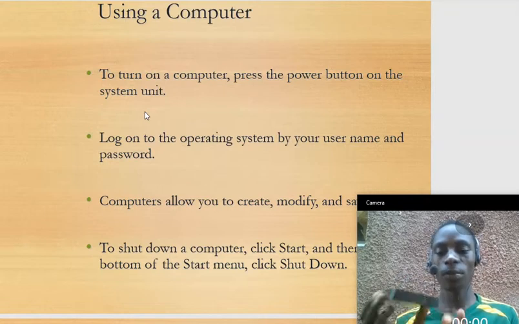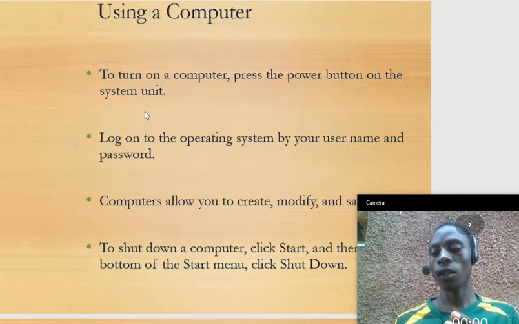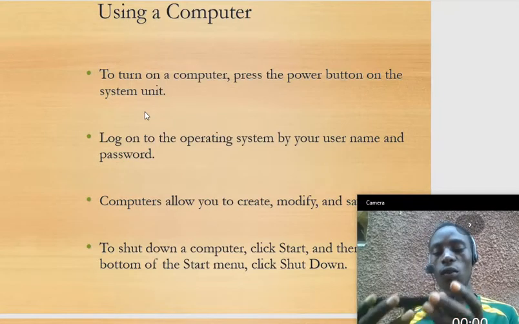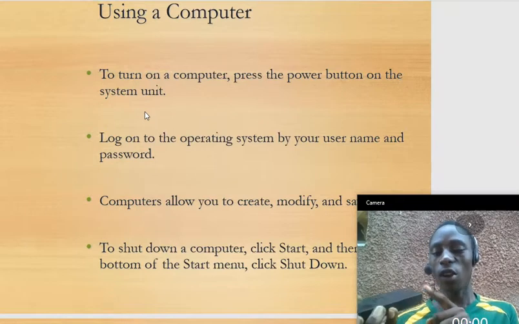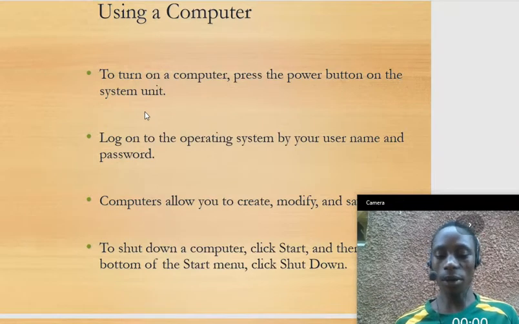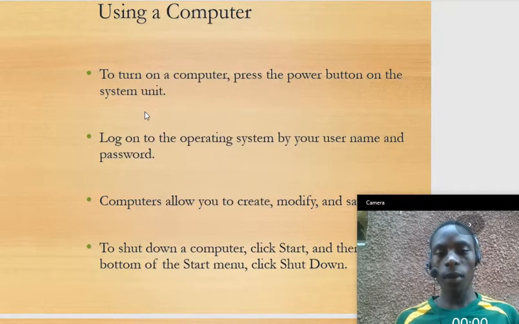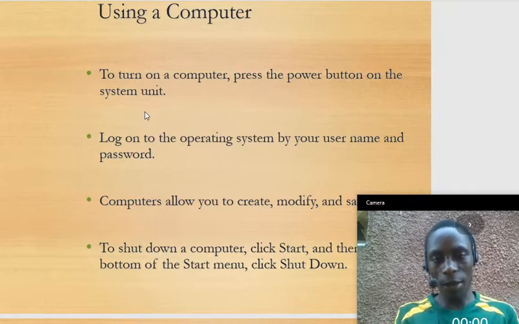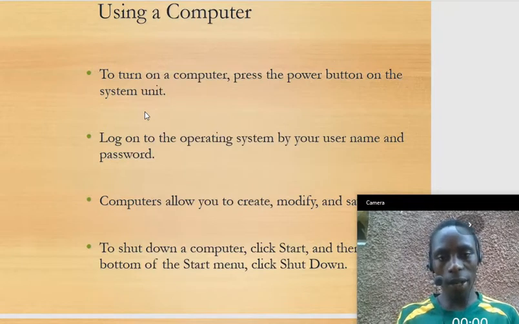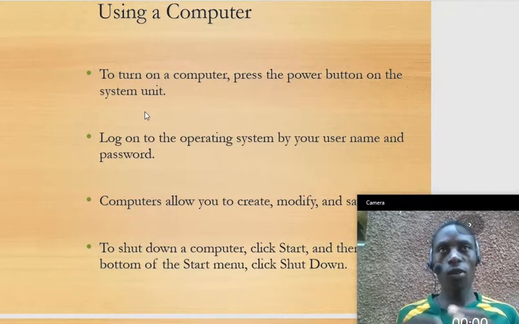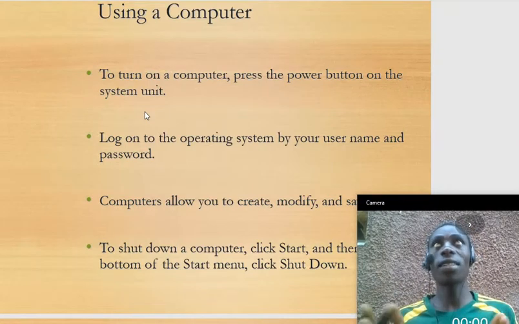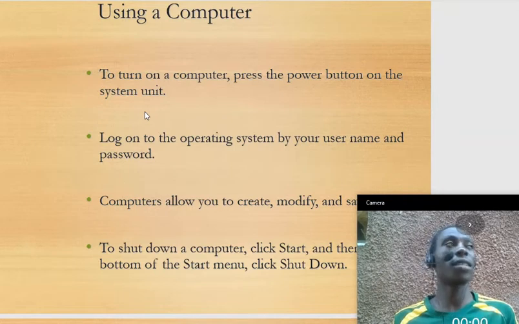To power on the computer, you press the power button on the system unit. So we assume this is the system unit for a computer. Now you press the power button. After you press the power button, you log on to the operating system. The computer works under a given system, which is the operating system.